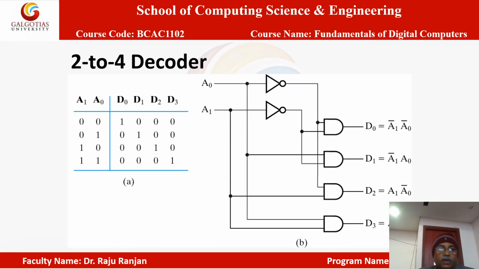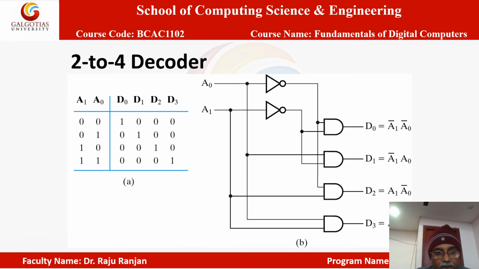Now let us see the 2 to 4 decoder, meaning 2-bit input and 4-bit output. You know the formula, m equal to 2 to the power n. So with an n-bit input we get 2 to the power n bit output. If the input is 2 bits, we get 2 to the power 2, that is, 4-bit output.